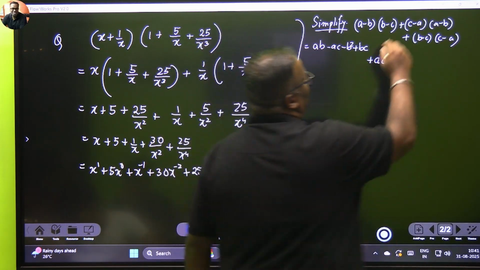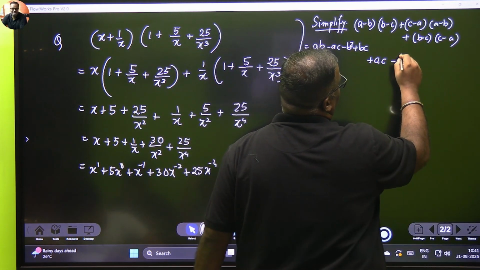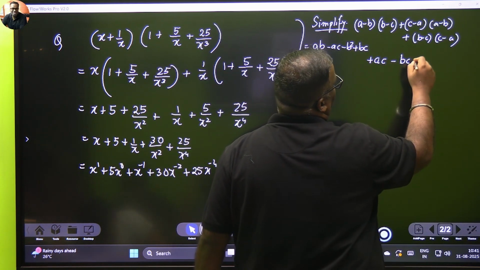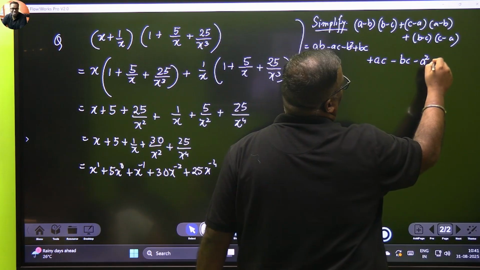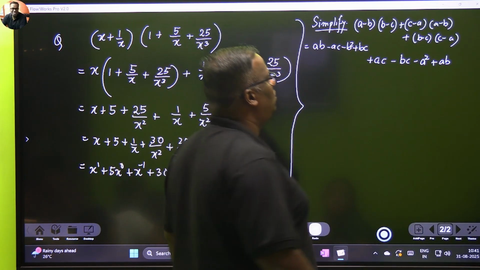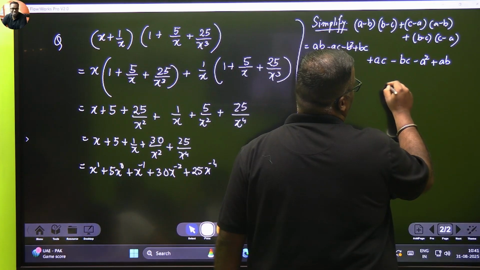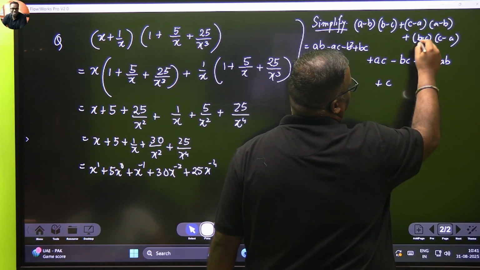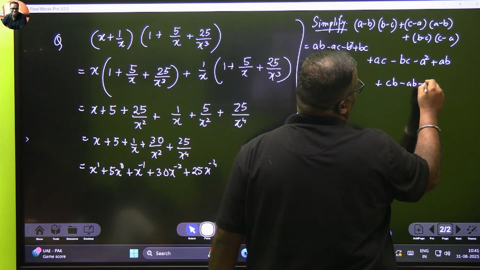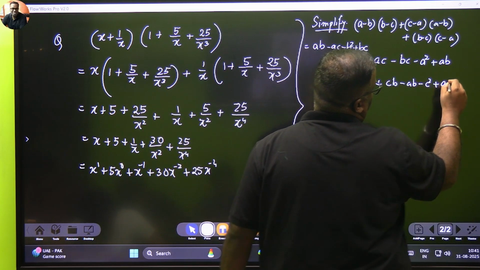AC, then minus BC, then minus A square plus AB. Then the third one will give me CB minus AB minus C square plus AC.